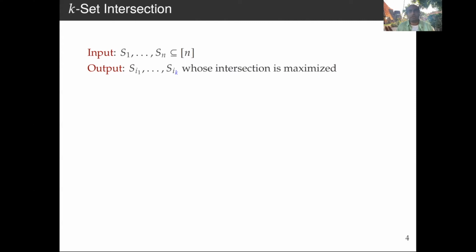k-set intersection in the NP world is notoriously hard, even for proving hardness results. In fact, it is still an open problem to prove that it is NP-hard to rule out, say, a PTAS, a polynomial time approximation scheme. So we do not even know how to prove hardness to a factor of 1.0001, assuming P not equal to NP.